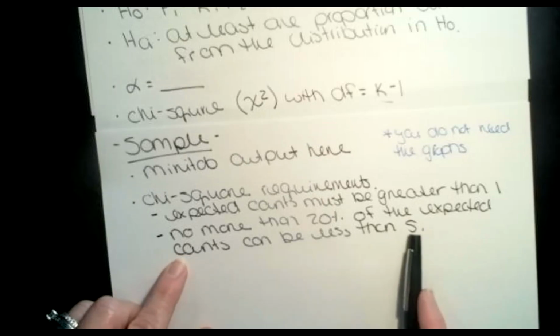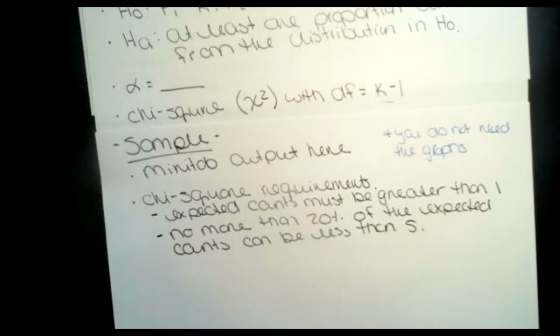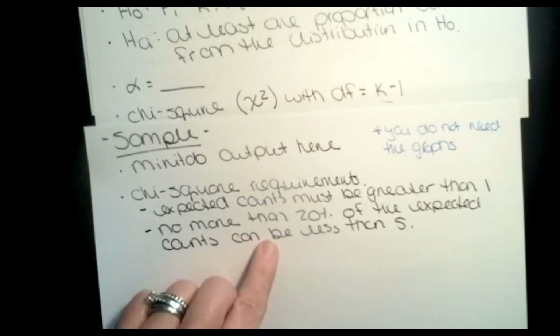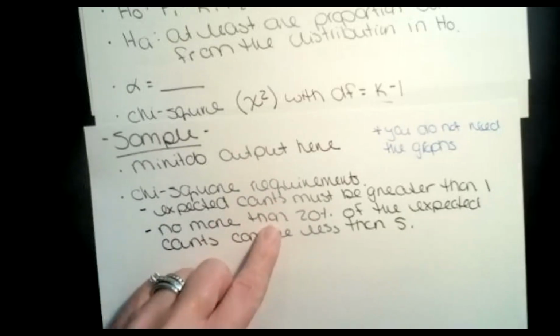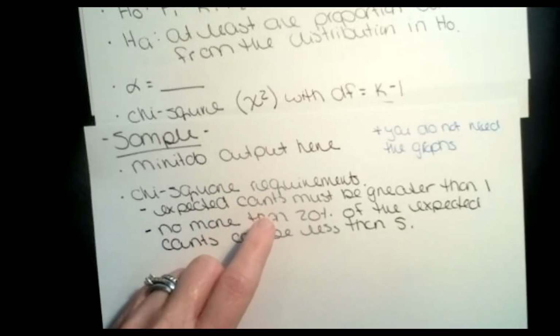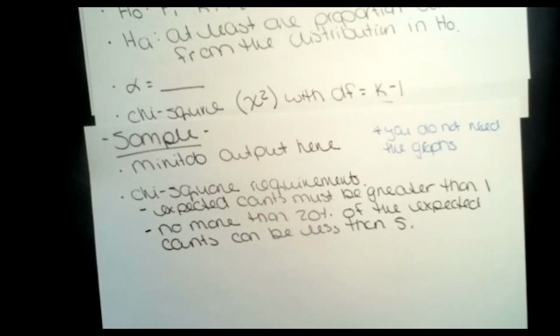Or all expected counts are greater than 5 and 1. It could be a very quick little statement. It doesn't have to be detailed, and you don't have to show me work for this. I just need you to mention both of those, in one statement or separately. Either one works. So my sample step is fairly quick.